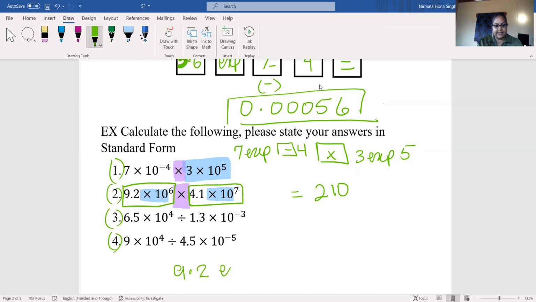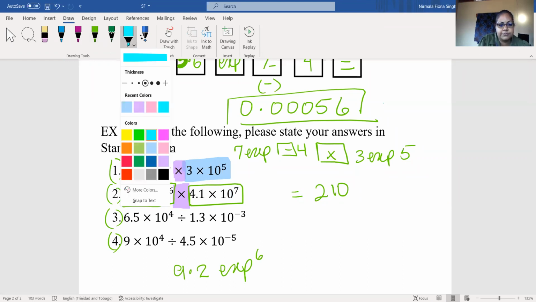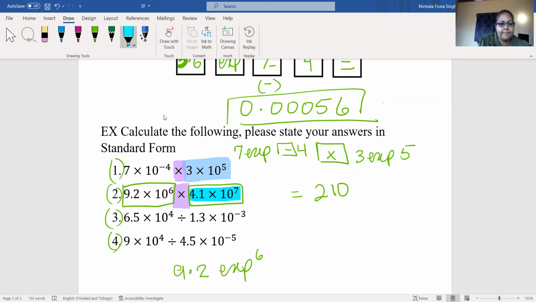9.2 EXP 6. Let me highlight it differently so y'all can see it. All right, so I have 9.2 EXP 6.